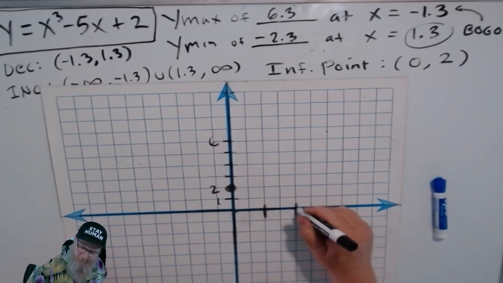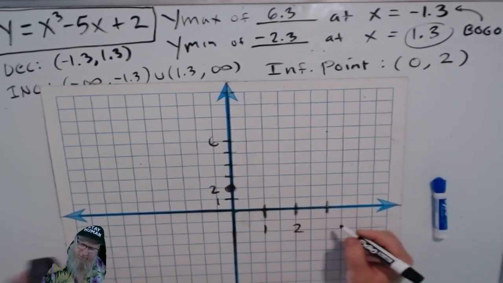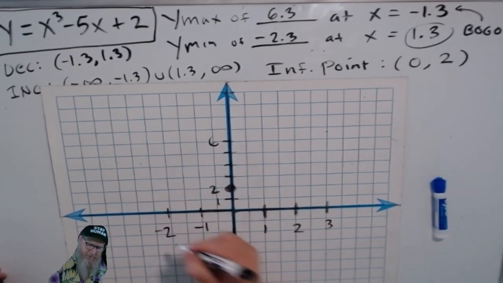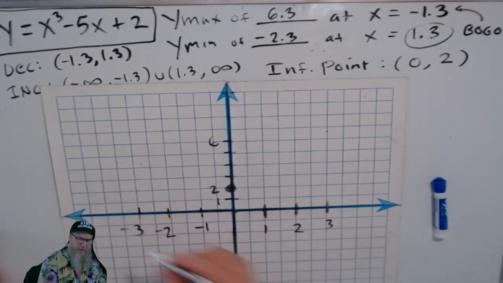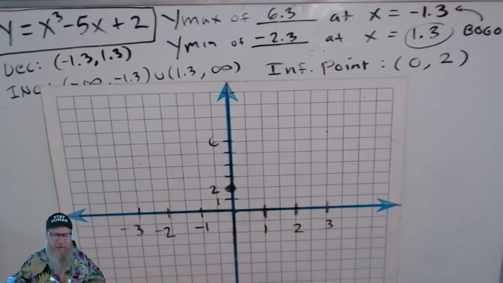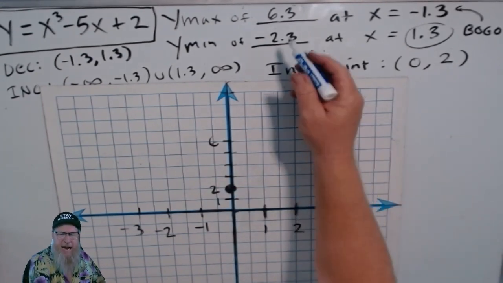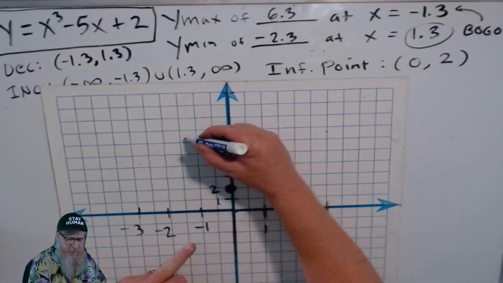That's legal. So there's 1, 2, 3, -1, -2, so on and so forth, -3. I don't think I'll need all that. All right, so I've got the inflection point at 0.2. I've got a max at -1.3 and 6.3, so right about there.